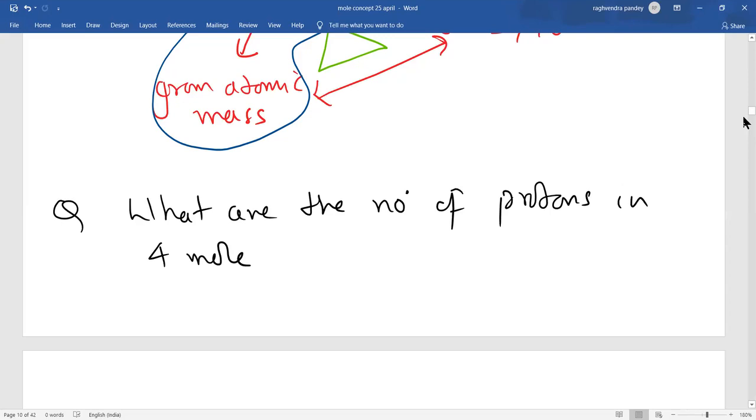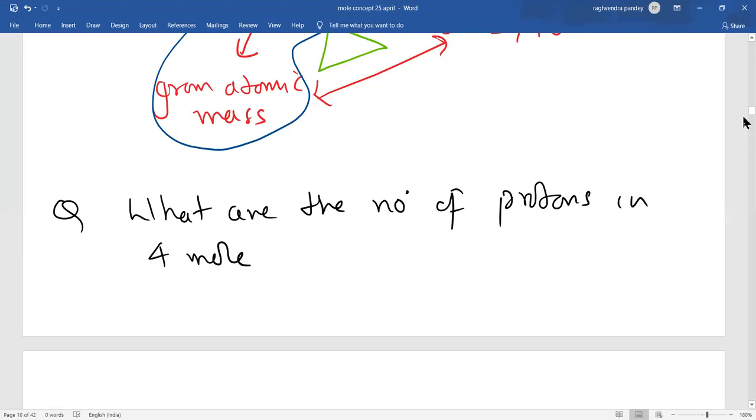What are the number of protons in 4 moles? Oh, people are taking so much time here. You have to just tell the number.